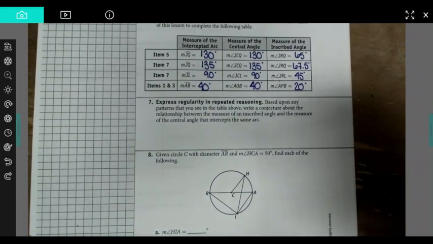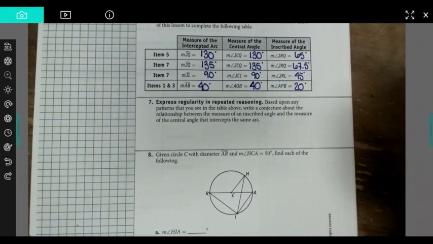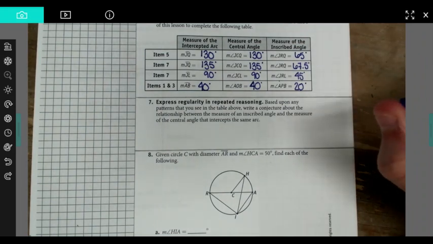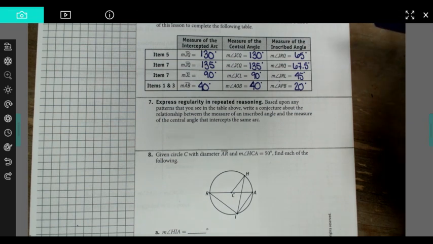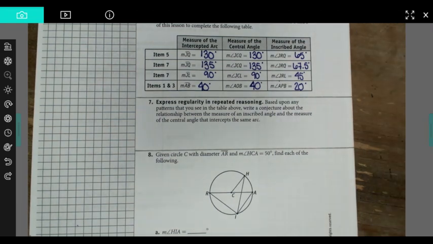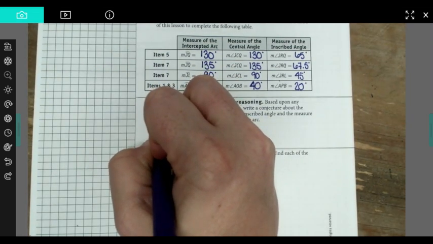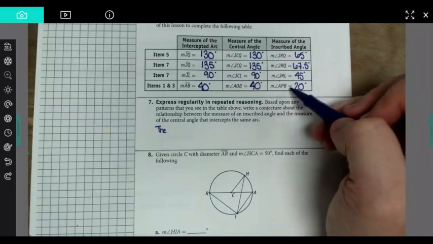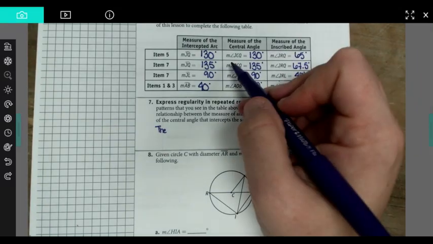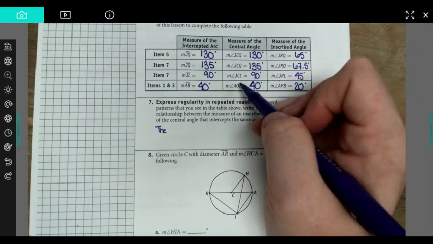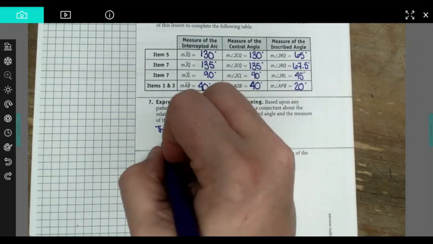Let's take a look at number 7. It says, based upon the patterns that you see in the table above, write a conjecture about the relationship between the measure of an inscribed angle and the measure of the central angle that intercepts the arc. If we look, our inscribed angle is always half the measure of our central angle.